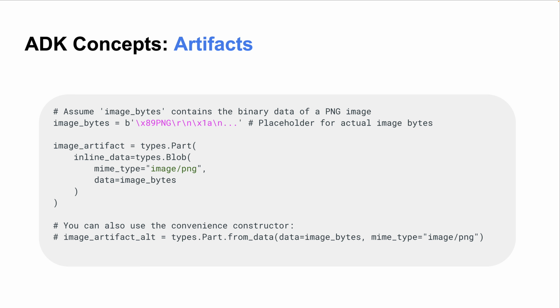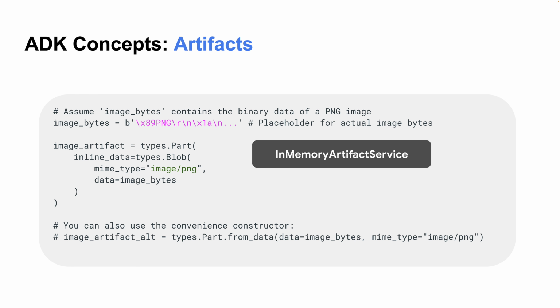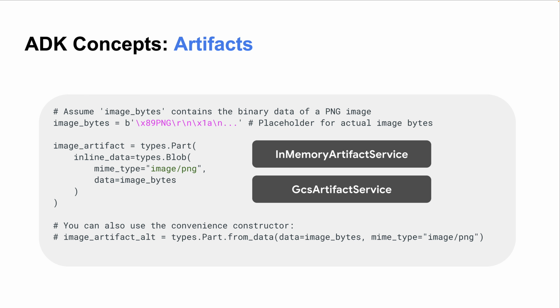So artifacts are not stored directly within the agent or session state. Their storage and retrieval are managed by a dedicated artifact service, which can be the in-memory artifact service or the GCS, or Google Cloud Storage, artifact service. As you can imagine by the names here, one stores the artifacts in memory, the other backs them up in Google Cloud Storage for persistence.